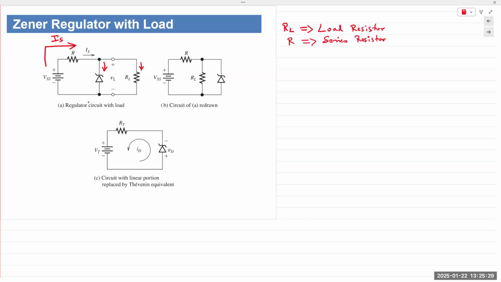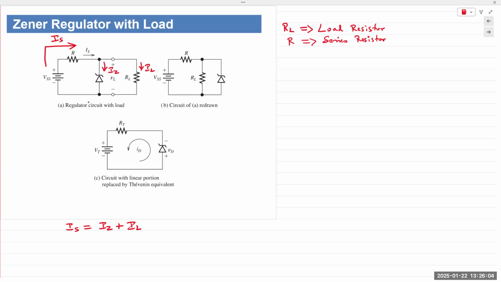So if you apply KCL, I can state supply current IS is equal to IZ plus load current IL. Okay. IS is equal to IZ plus IL. Now, our application is that the voltage across the load resistor must remain constant.